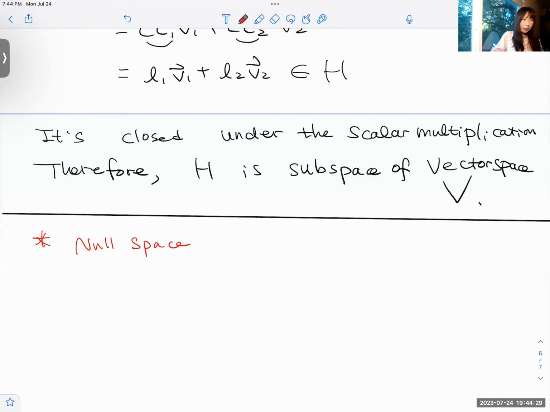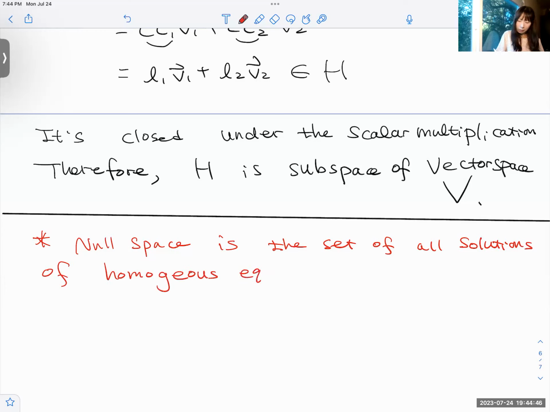Null space is the set of all solutions of a homogeneous equation.